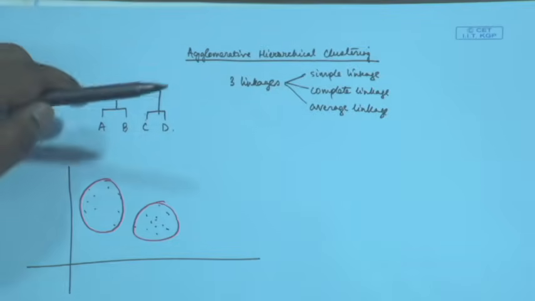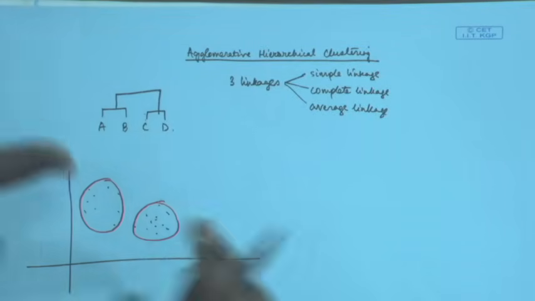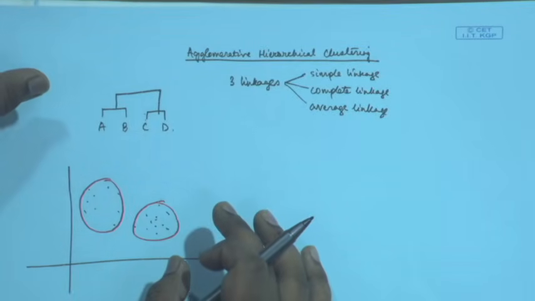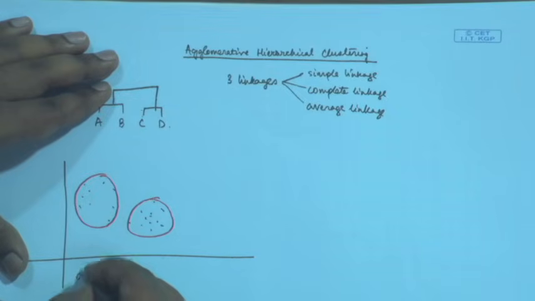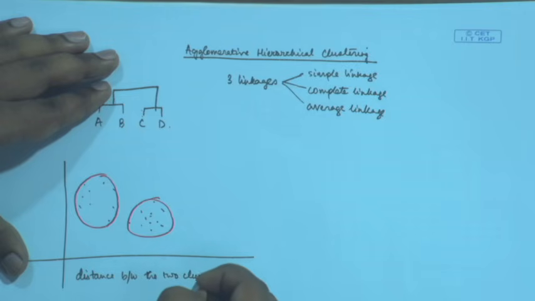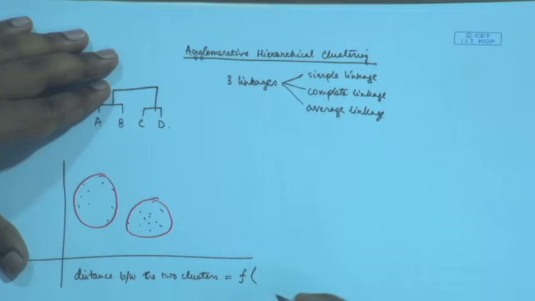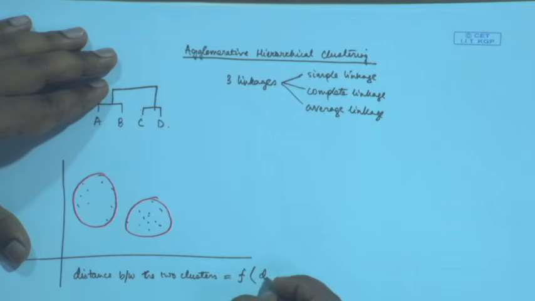Now, how do you calculate the distance between these two clusters? The distance between the two clusters will be a function of the pairwise distances.